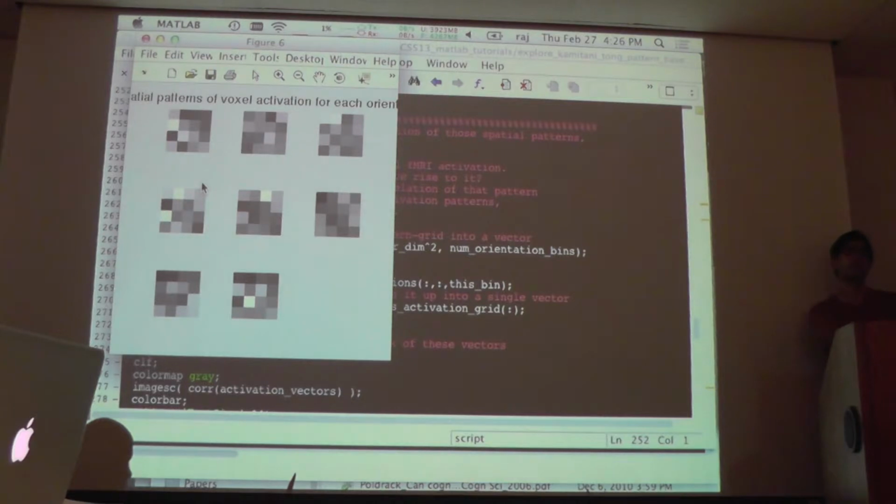This is especially so if the thing that's being coded is something that itself varies in intensity. Say you show someone a flashing checkerboard, an image that's flashing on and off, and it might be a low contrast flashing, where it goes to gray versus black, or a really high contrast one where it goes to black and white.